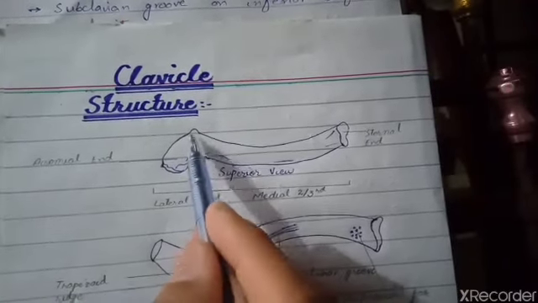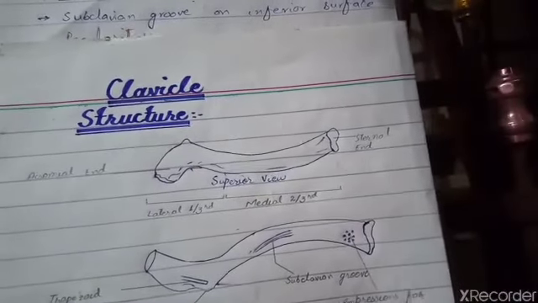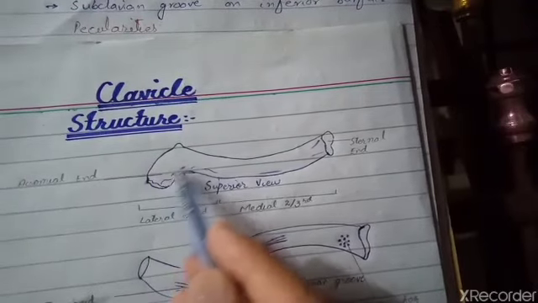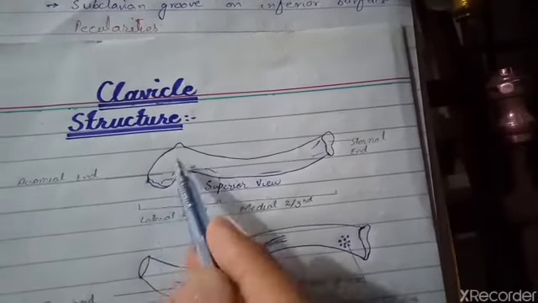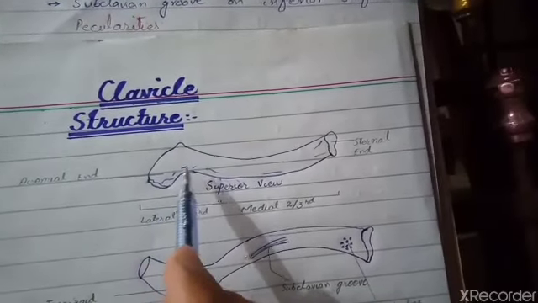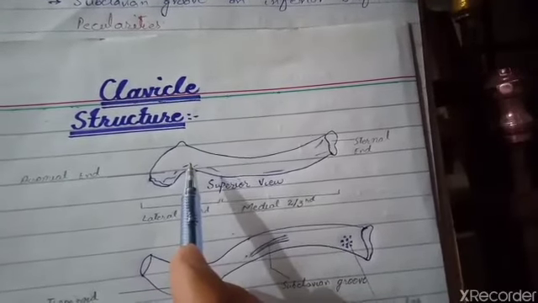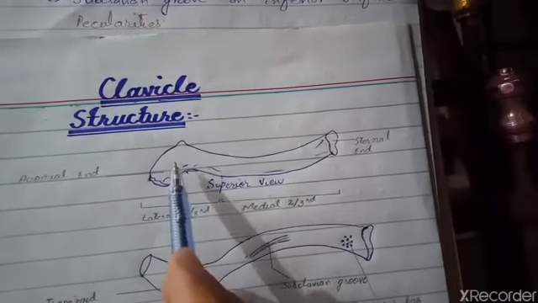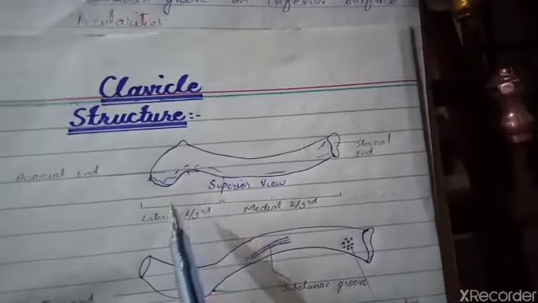Concave forward, convex backward. And now we discuss its surfaces. Its superior surface is flattened from above downward. I can't show this image because it can be shown only in 3D.